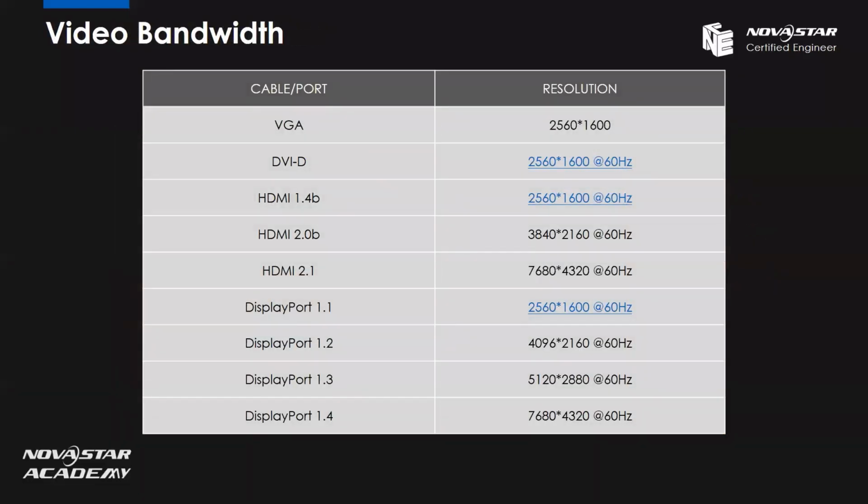Also, the bandwidth is very important in the video industry. If you want to build an LED screen, the limit the control system can load depends on the lowest bandwidth of all your video signal channels. From this chart, we will show you some common standard video signal bandwidths.